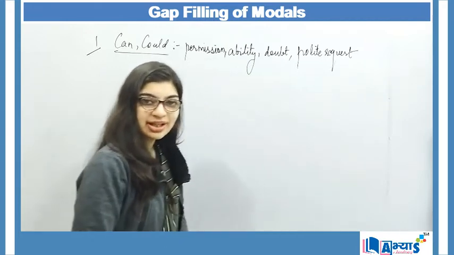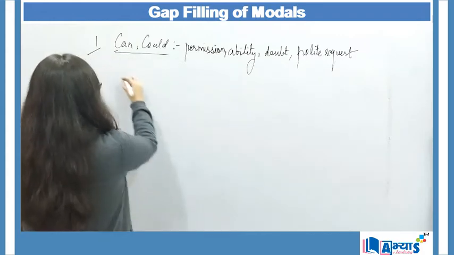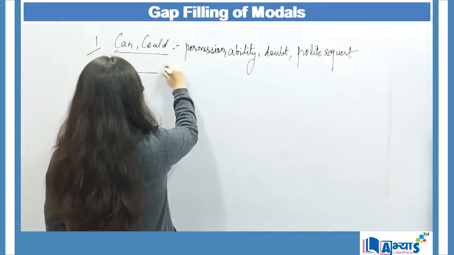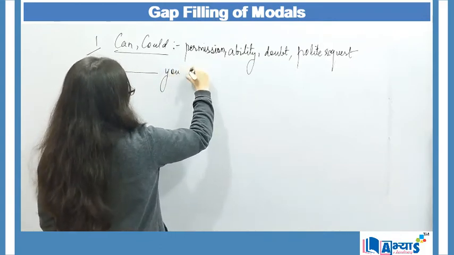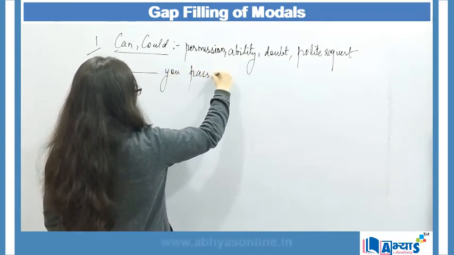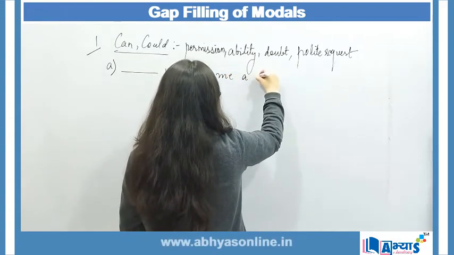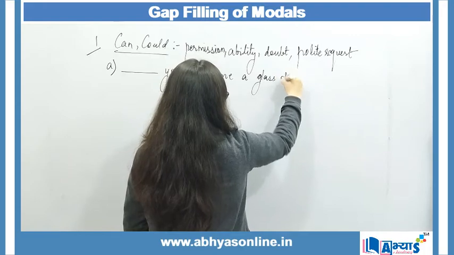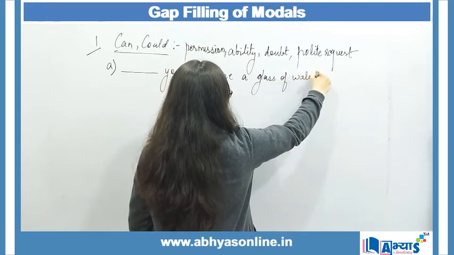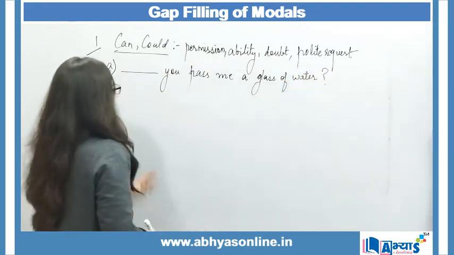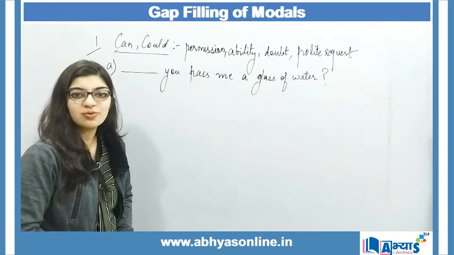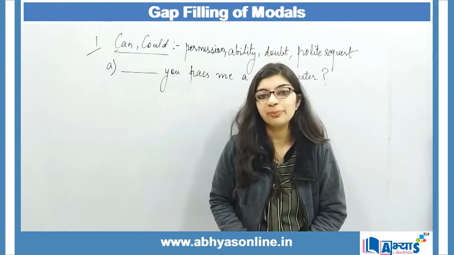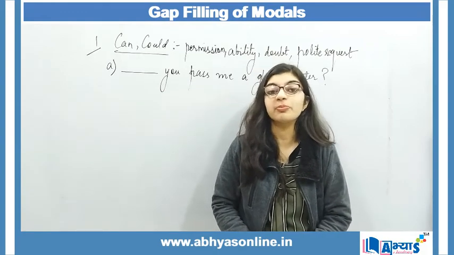So let me explain this with an example. The first example over here can be: dash you pass me a glass of water. When I say dash you pass me a glass of water, here we know that also for making a polite request we make use of may.